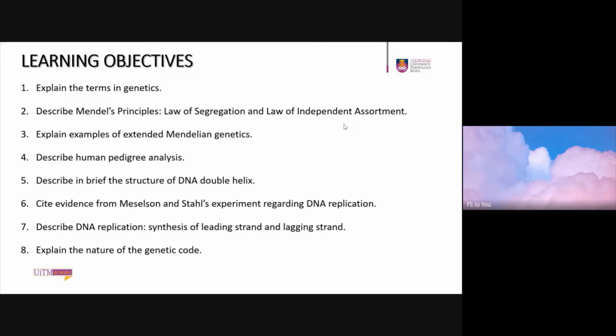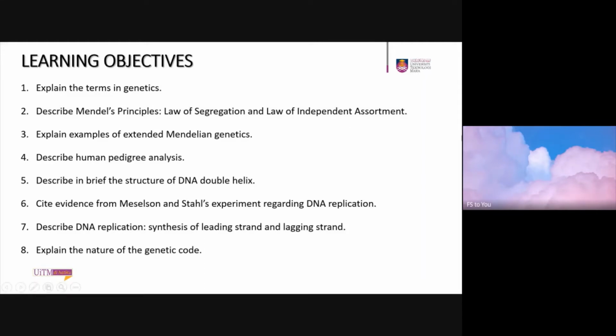Faham? Will assort independently of one another. So dia boleh susun bermacam-macam cara dan dia akan contribute kepada independent assortment. Daripada situ dia akan menghasilkan different combinations of alleles from different genes. Okay, so itu adalah independent assortment. Alright, so dia dipengaruhi oleh proses masa metaphase 1, segregation masa anaphase 1.